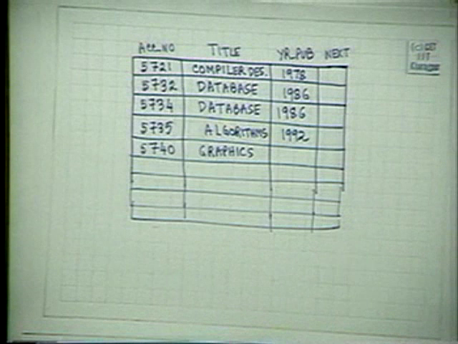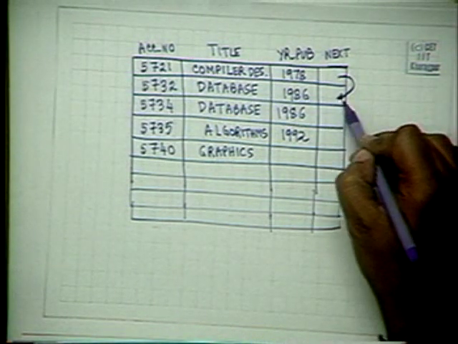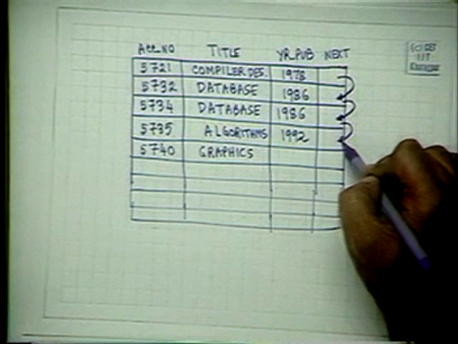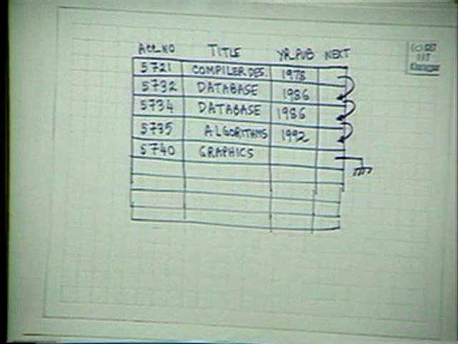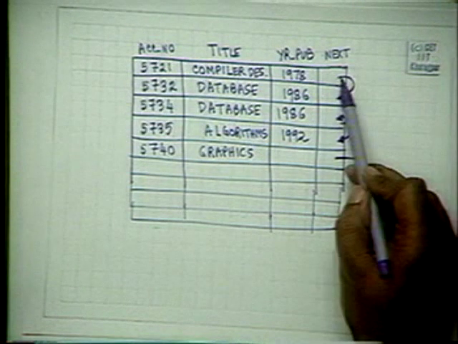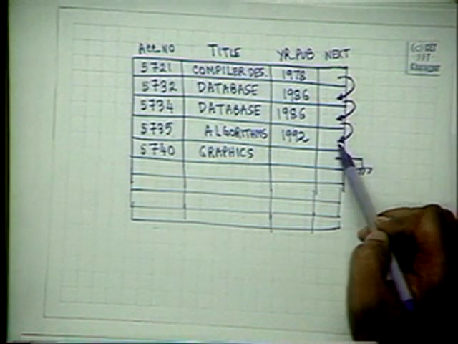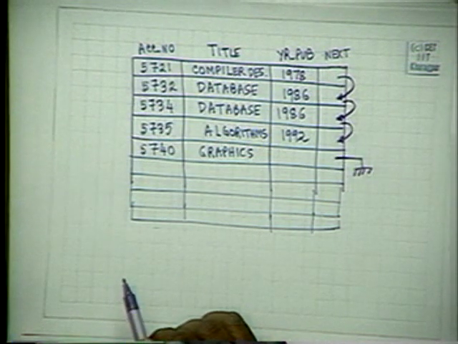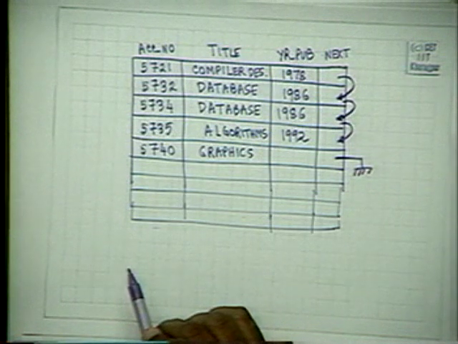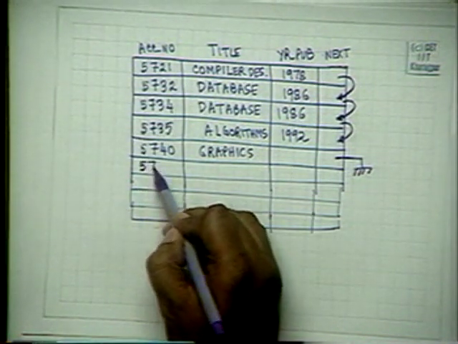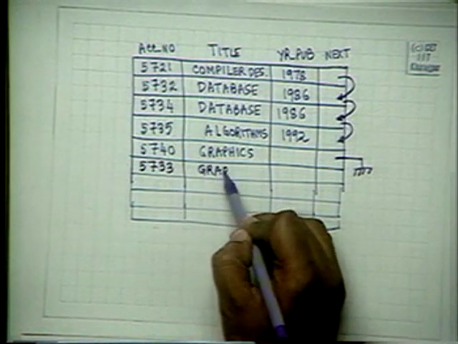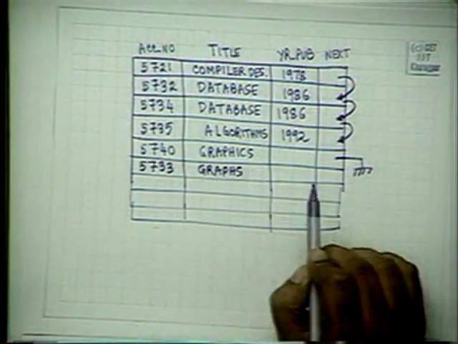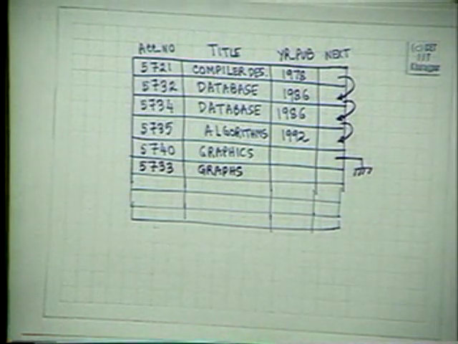The next pointer list will be like this. So this tells which is the next record in the sequence. Now suppose we have to insert a new record, as we said 5733, then we will insert it like this: 5733 graph theory, graphs, let us say. This book was 1994.